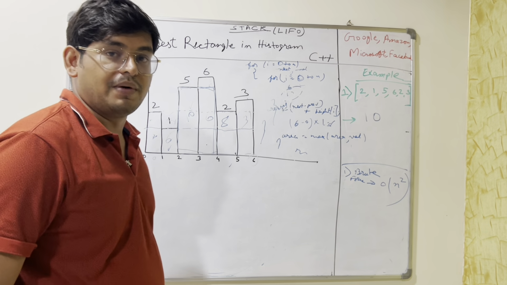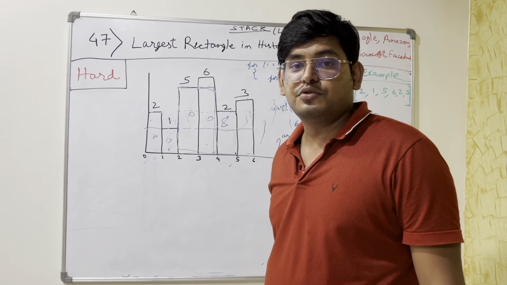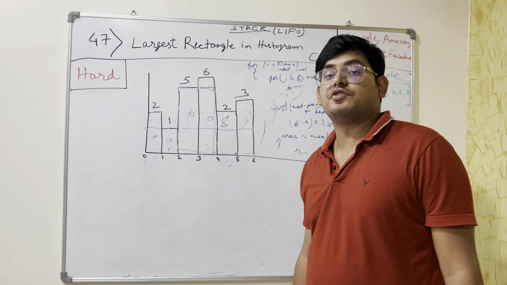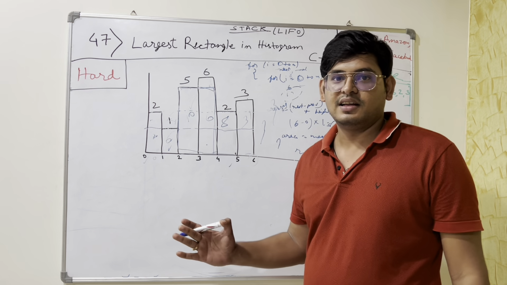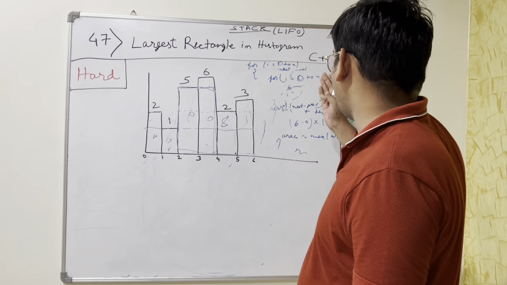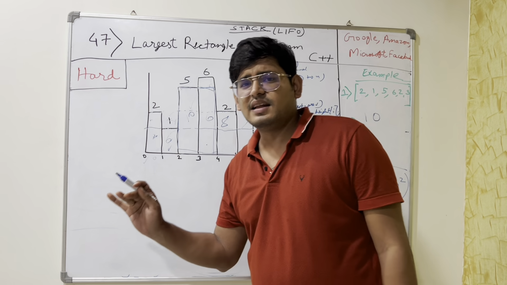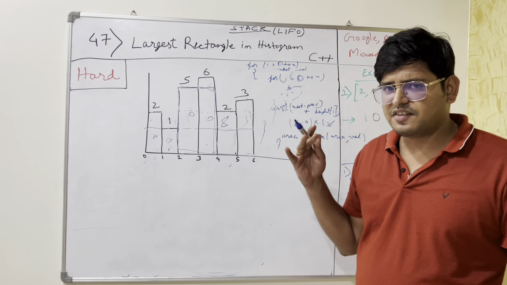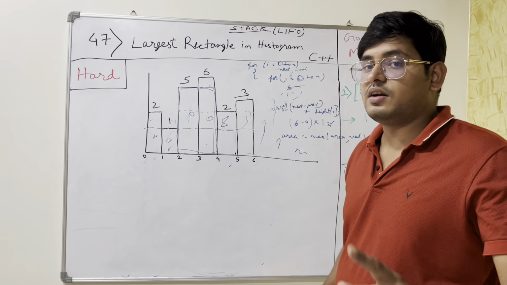So how will we optimize it? What is the logic that we can use? We have solved the question next greater element, and in the next greater element we use a stack. With the help of stack, we will be able to get the next smaller element and the previous smaller element in one traversal.